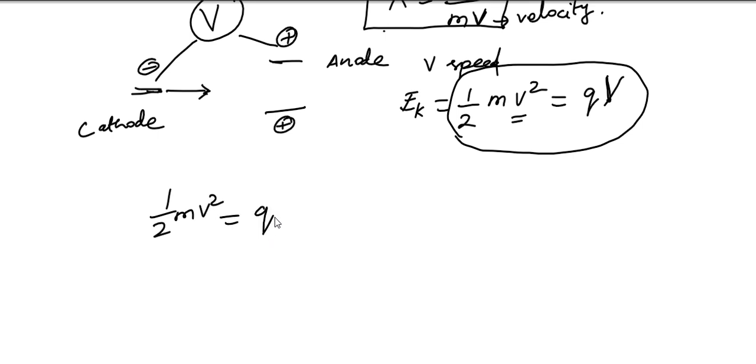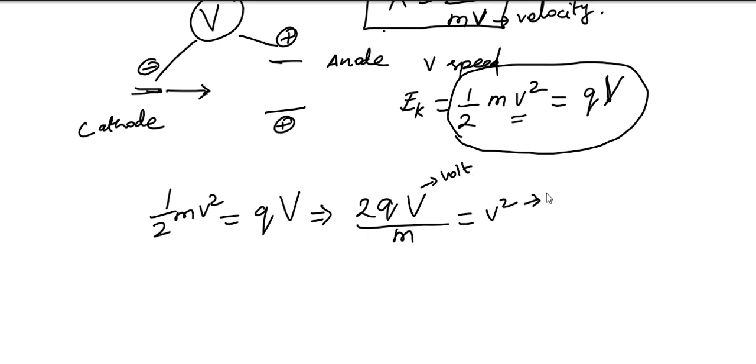ஸோ லெட்ஸ் see, half mv square equal to qV, which implies simply you just rearrange it by moving m by 2 to the other side, which gives 2qV divided by m equal to v square.